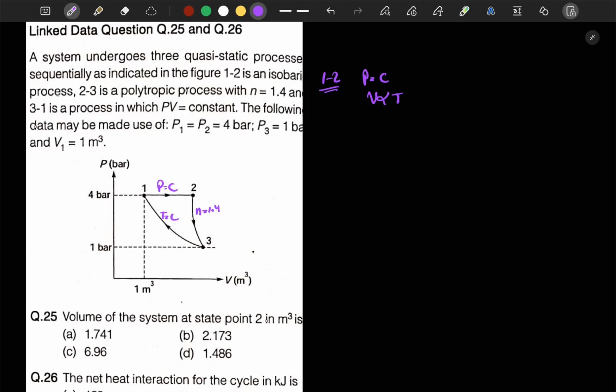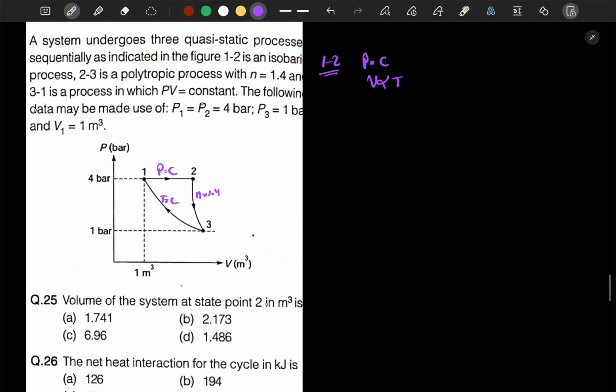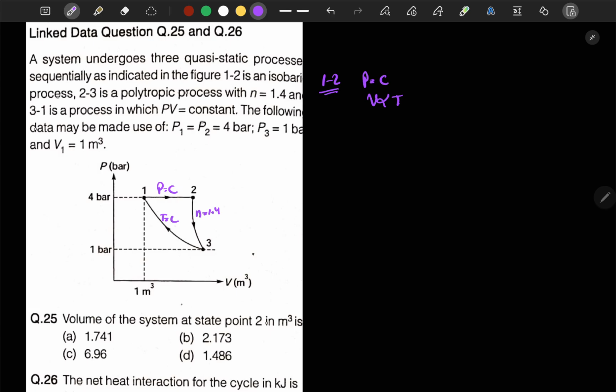So okay, no problem. Since we don't know temperature at any point, let's start with point 3, process 1-3.